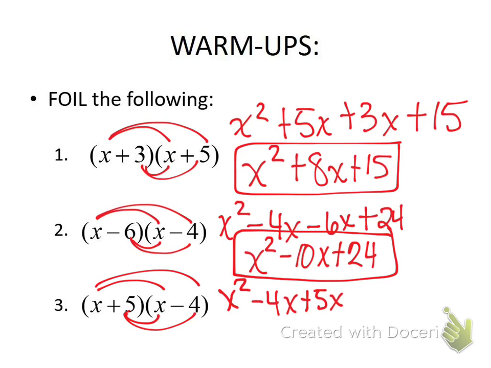And 5 times negative 4 is negative 20. When we combine our x's, what do we get? Positive x or negative x? A positive x. All right. So that means we have, I'll write it at the bottom, x squared plus 1x minus 20.